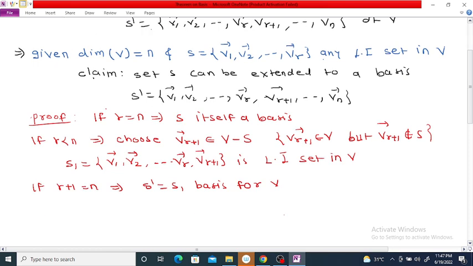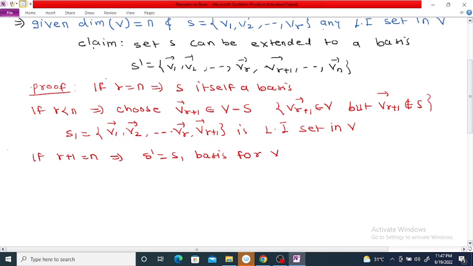But if r plus 1 is less than n, then again we use the same procedure.